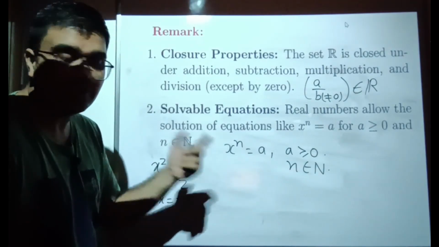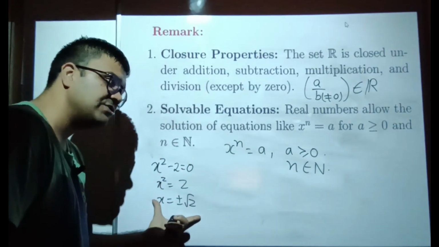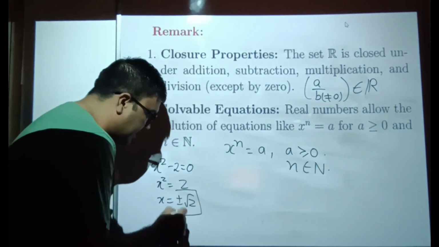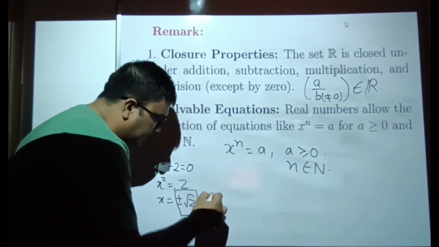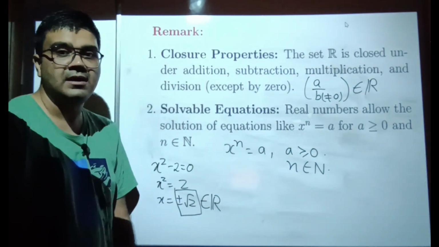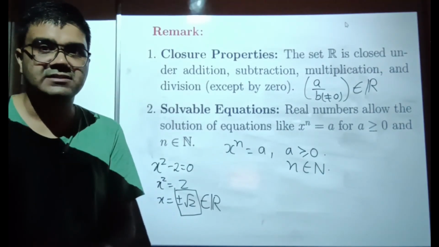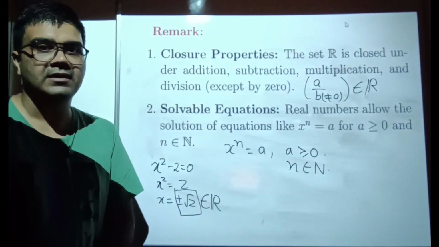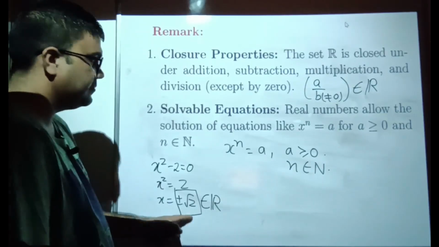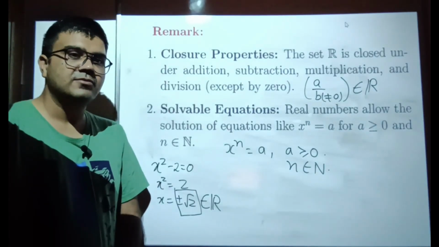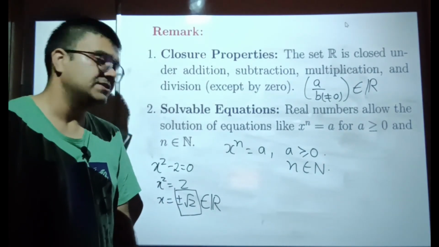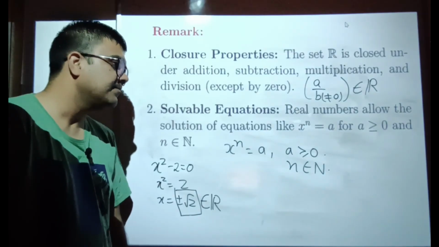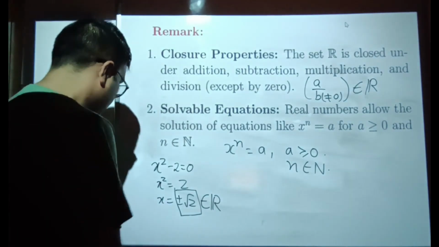But with the real numbers, we can solve these kinds of equations also, because the answer is an irrational number, and all rational and irrational numbers together are called the real numbers. So we are able to solve these equations with the real numbers.